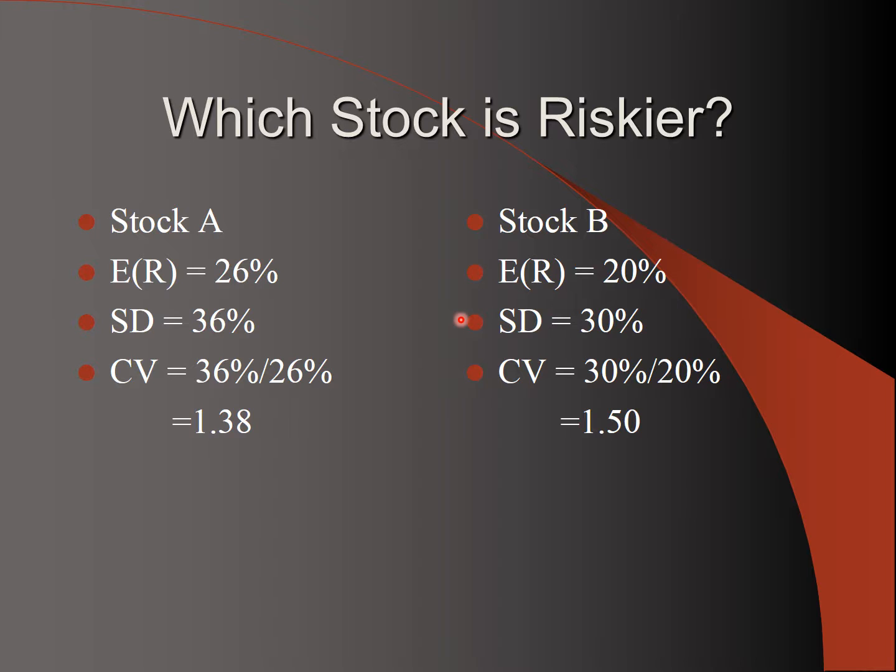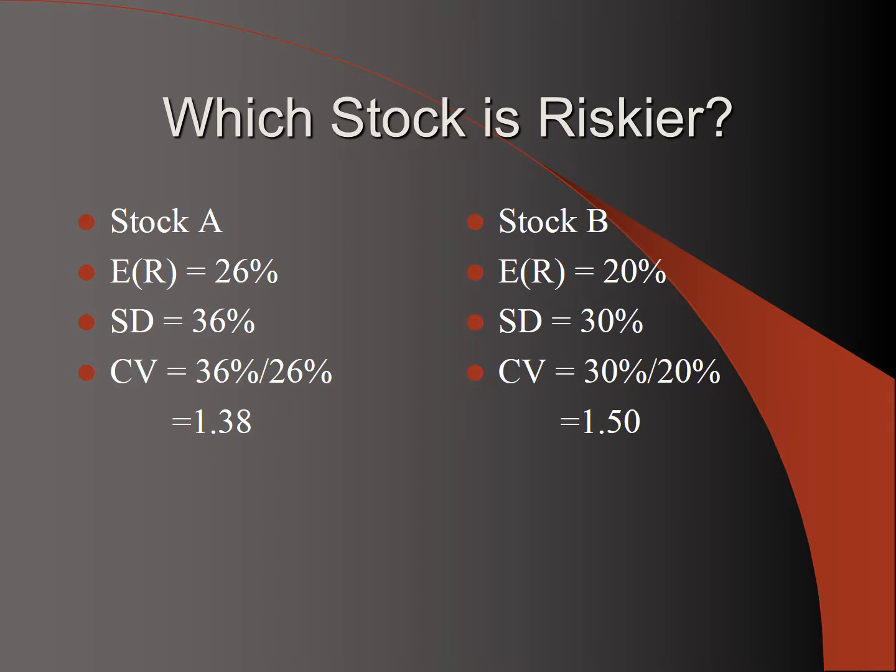But if we want to look at the risk relative to the return, then clearly stock B has more risk than does stock A, because with stock B, you have to take on 1.5 units of risk for every percent return, whereas with stock A, we take on 1.38 units of risk for every percent return.